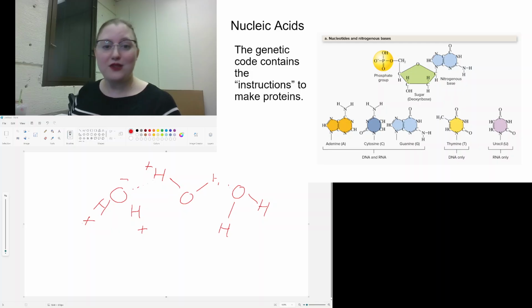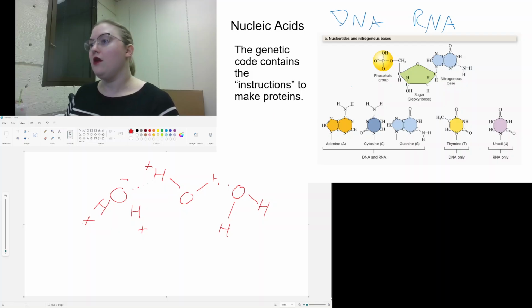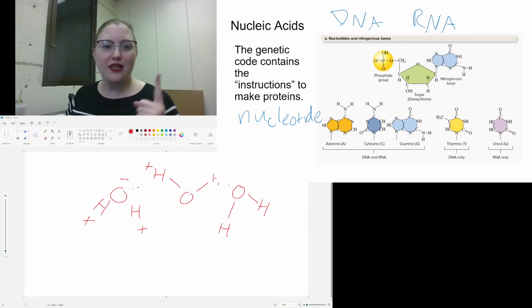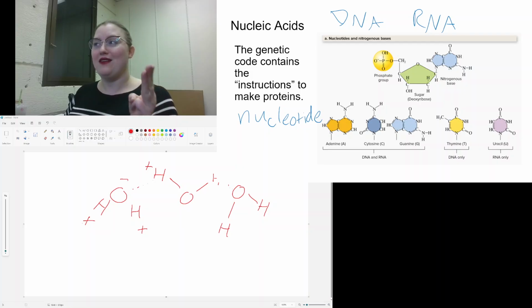All right, and our last group is nucleic acids. So this is our DNA and our RNA, right? Our genetic material. Nucleic acids are made up of nucleotides. Carbohydrates are made up of monosaccharides. Proteins are made up of amino acids.